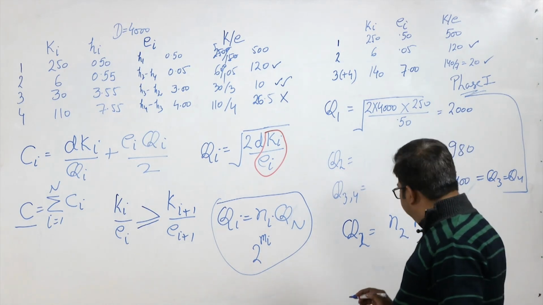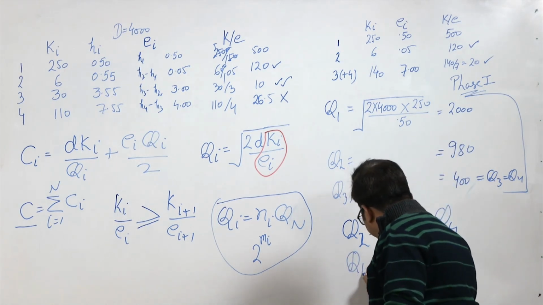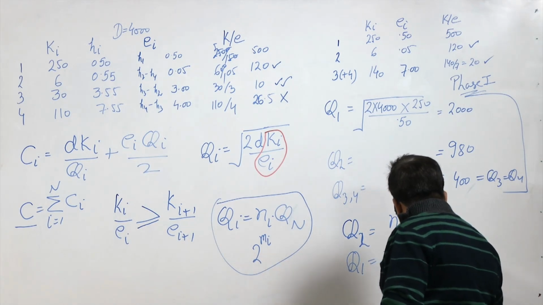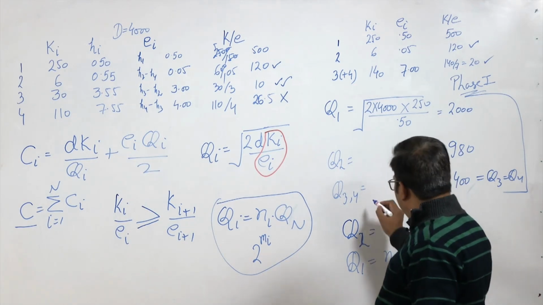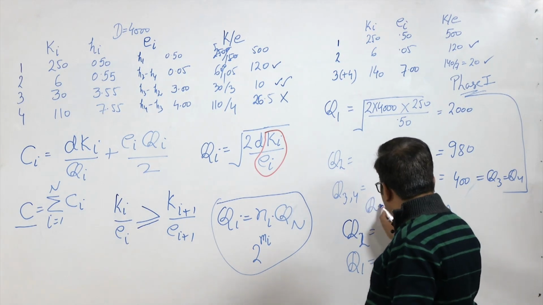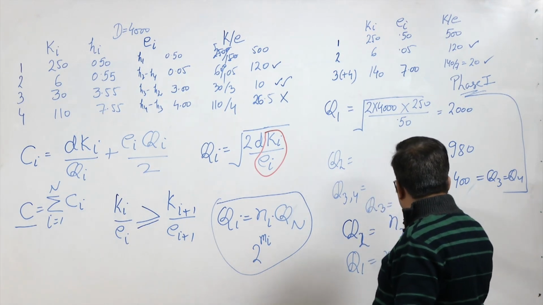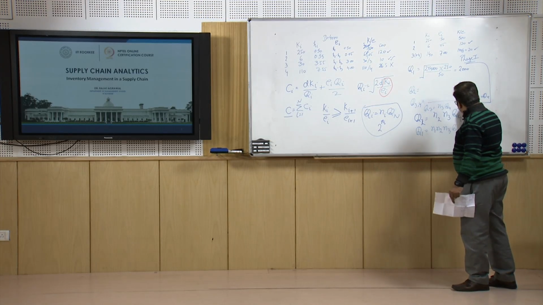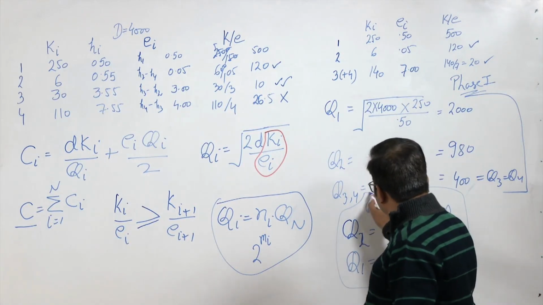If I am at stage 1, there will be N1, N2, N3, Q4, and if I am at stage 3, then Q3 equals N3, Q4. So we have this type of arrangement.